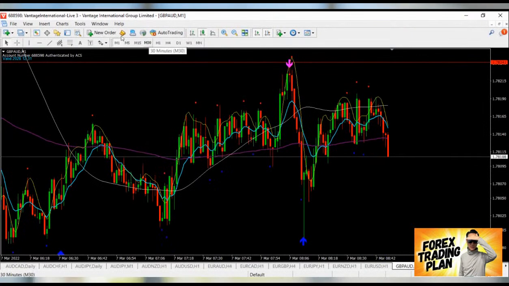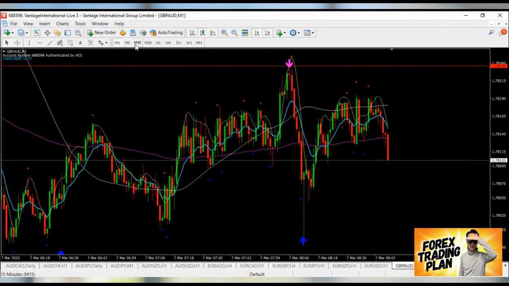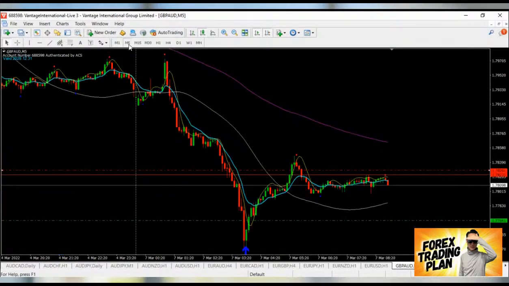Pound Aussie, please take note of the spread today. We are facing a very big spread here. I guess pound is facing some issue now, and also Aussie.